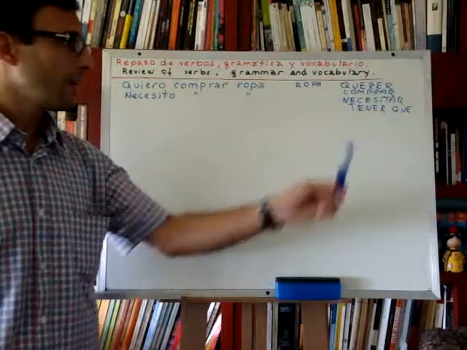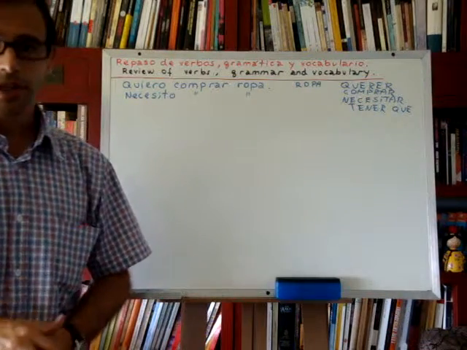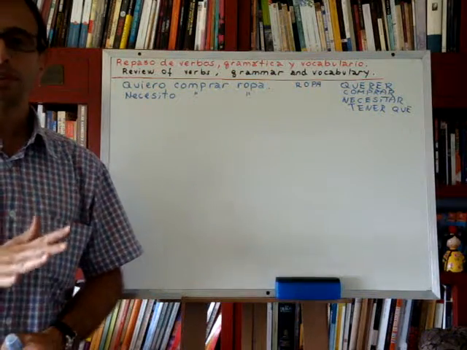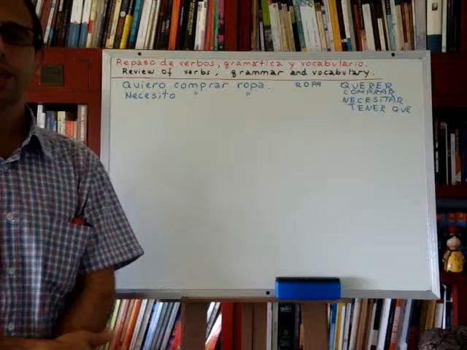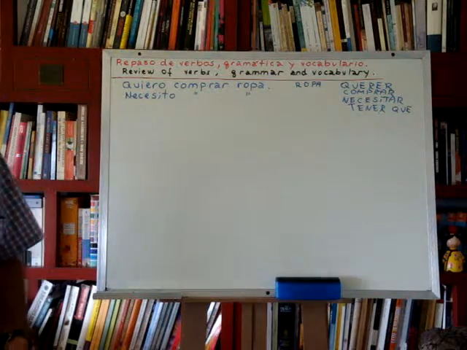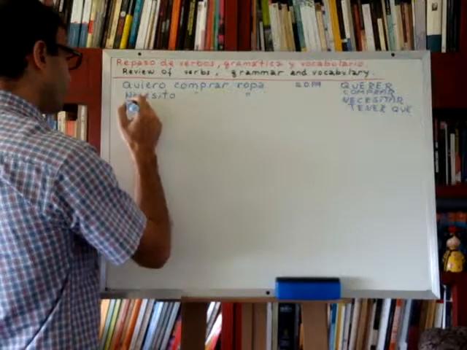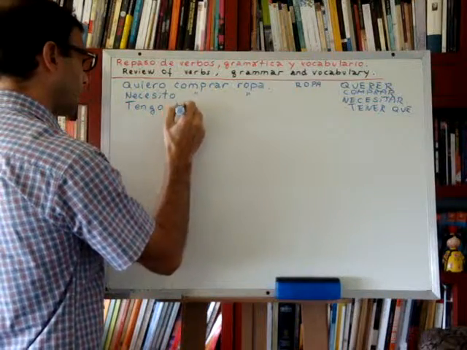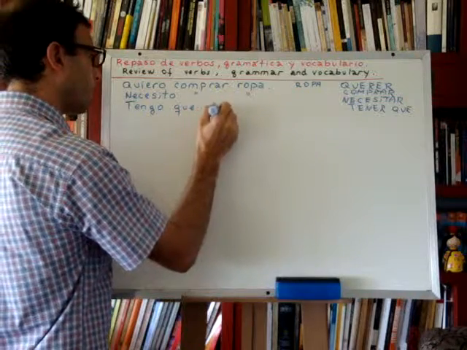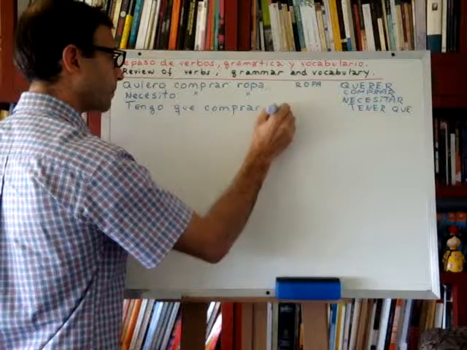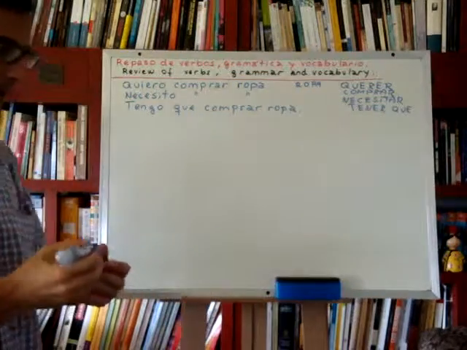Remember, tener is an irregular verb, and mainly for the first person of the present tense. How do we say, I have to buy clothes? We would say, tengo que comprar ropa.